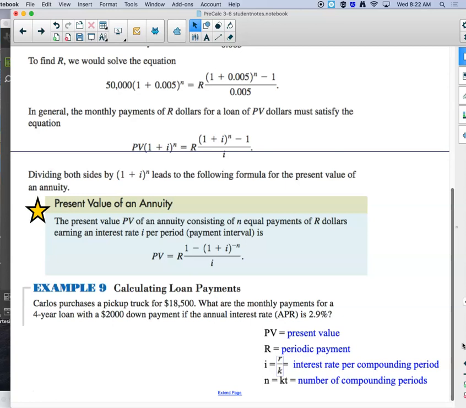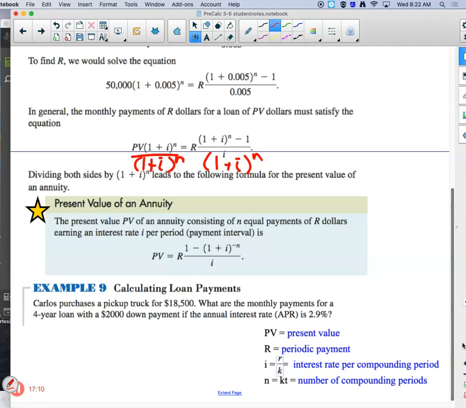This is a little bit different because this one now has a negative as an exponent. That's because, like they said, they divided 1 plus I to the n on both sides, and that made that happen.